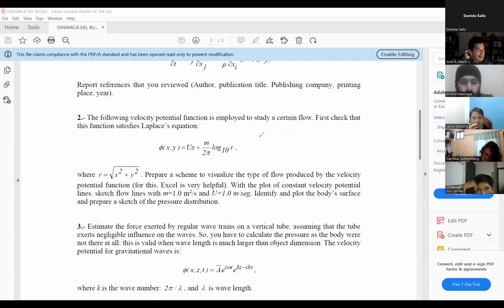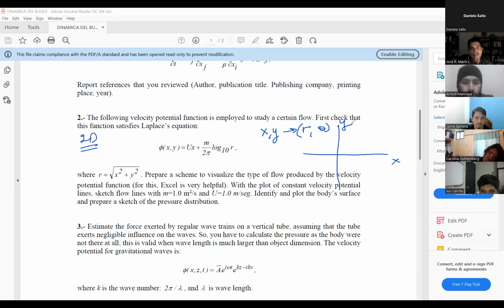It's exactly as I said before. What I suggest is to always try to convert from the rectangular to the polar coordinate system. This is a 2D problem. If this is X and Y, what I do is fix phi.